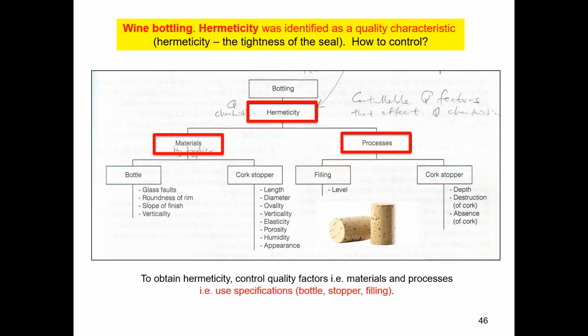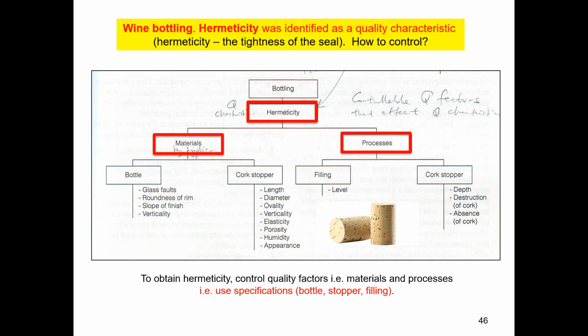Another example is studying wine bottling. After studying the whole process, it's very complex. There are so many interactions, many processes, from picking up the grapes to bringing them to the bottling, and then the process of selecting the material, etc. So one of the most important quality characteristics identified by manufacturers was the hermeticity.